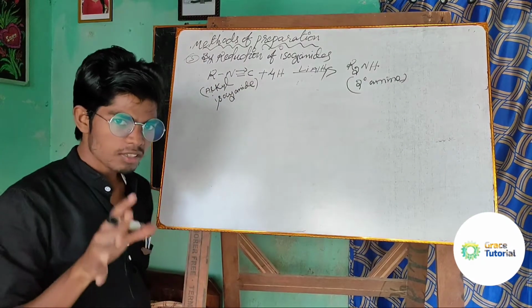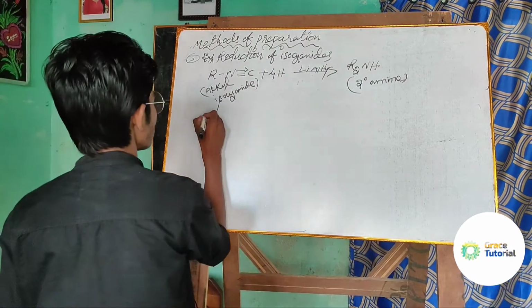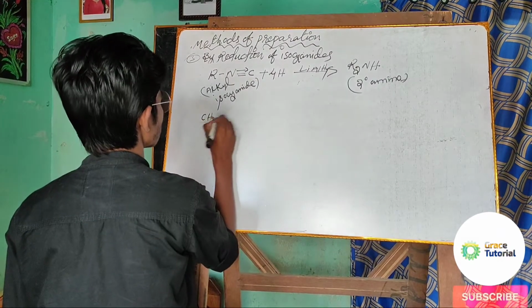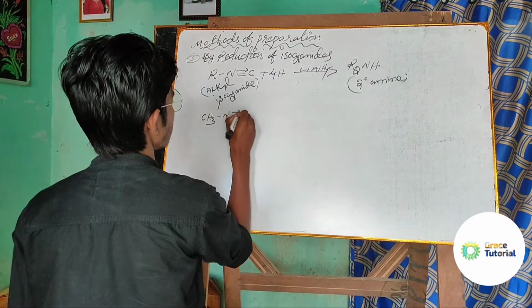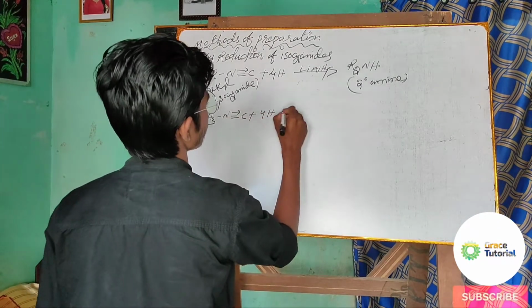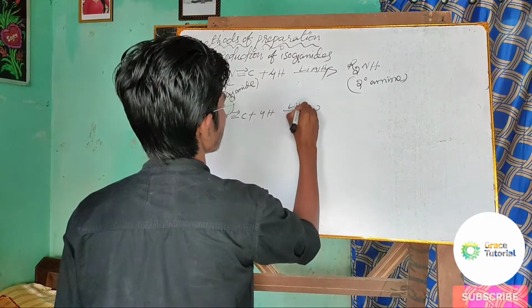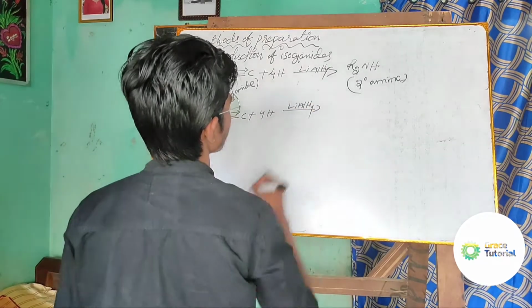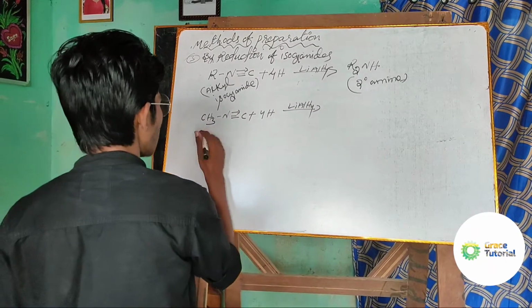So let us write the specific example. Suppose I have CH3NC plus 4H, lithium aluminum hydride. So this is methyl isocyanide.